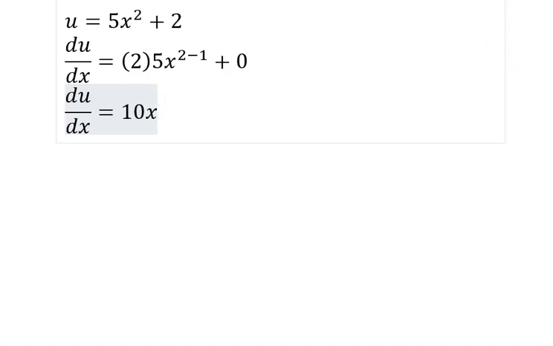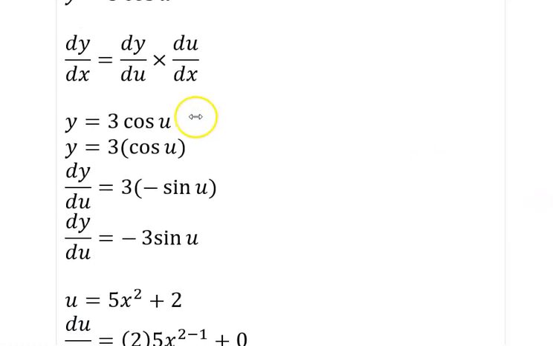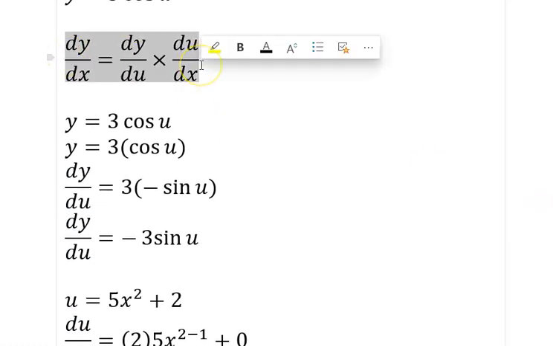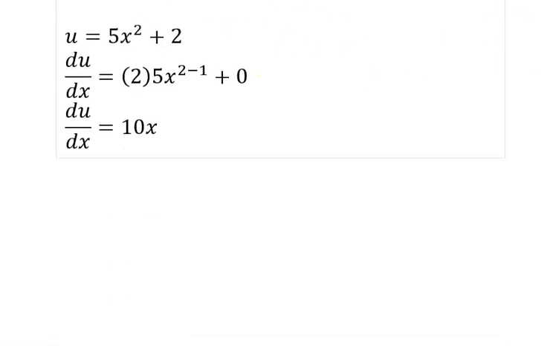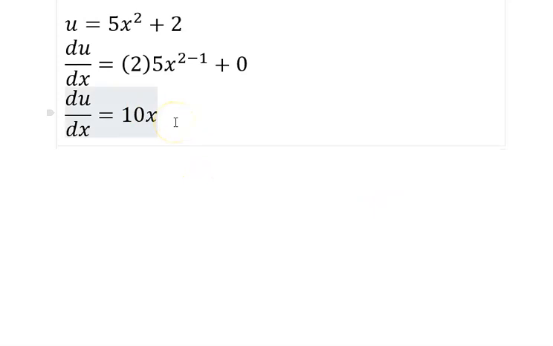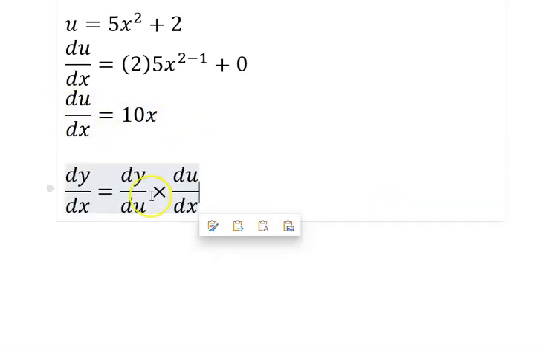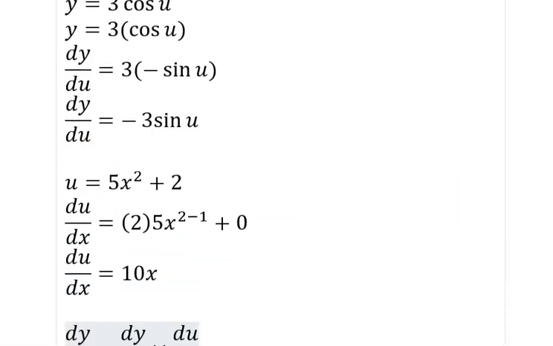So let's impute our dy/du and du/dx. What's our dy/du? Let's check.